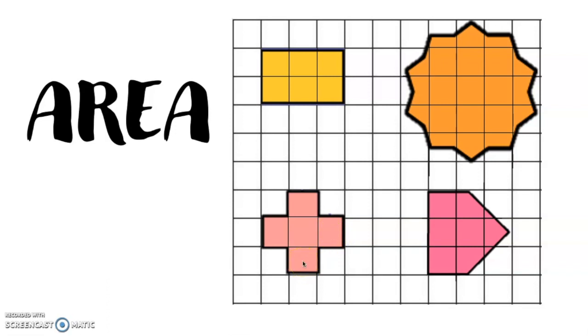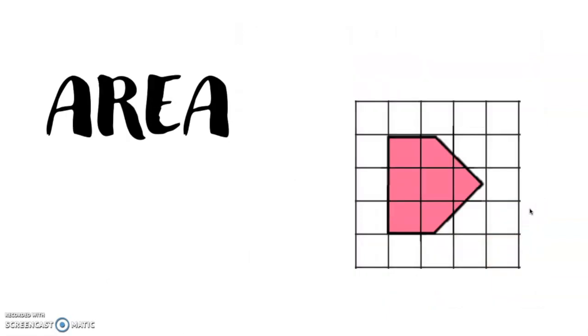It gets a little more complicated when you are looking at polygons like this figure up here or like this pentagon down here. Here is a trick that you can use. When you are looking for the area of a polygon that does not fill the whole square like this here, here is the trick.